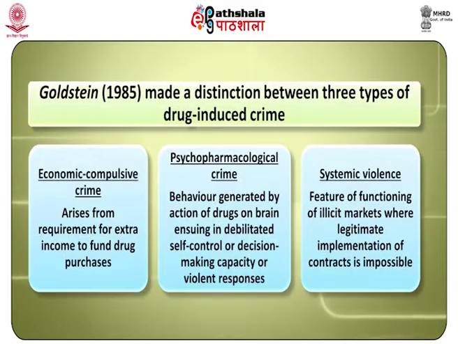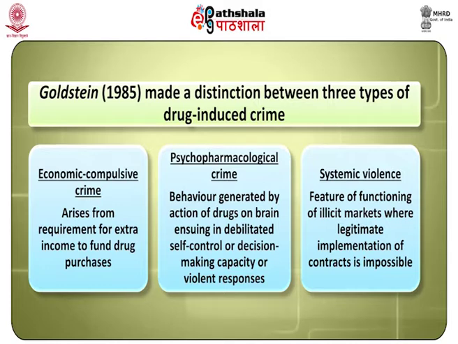In a substantially quoted paper, Goldstein in the year 1985 made a distinction between three types of drug-induced crime. First, the economic compulsive crime arises from a requirement for extra income to fund the drug purchases made indispensable by obsessive drug use.